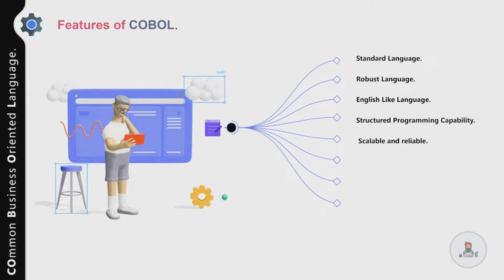These paragraphs or sections can be executed or re-executed as per your requirement. So in a nutshell, you are writing a COBOL program by using a top-down approach and it is more readable, and you can easily understand the business functionality or the business logic behind that particular program.